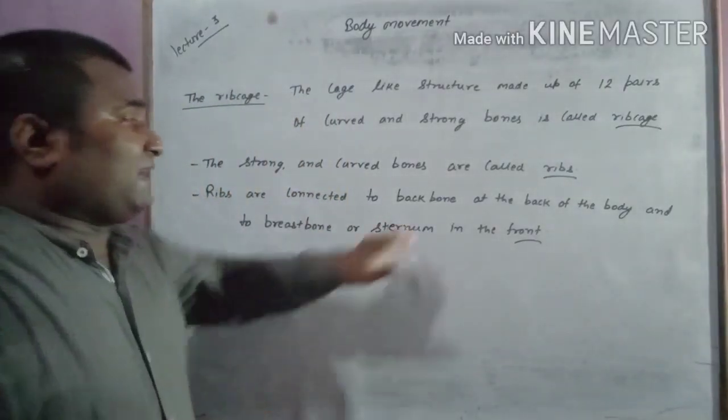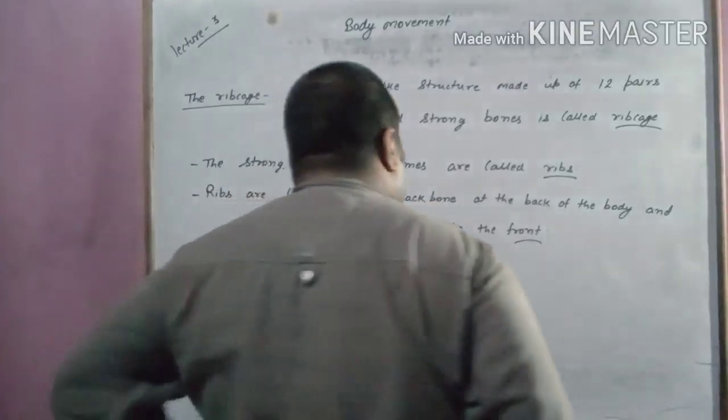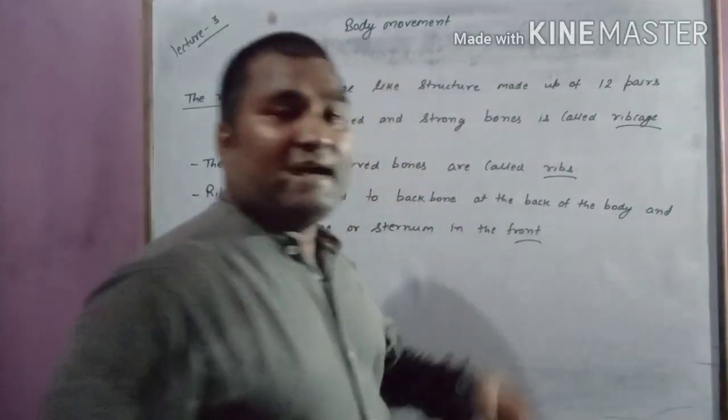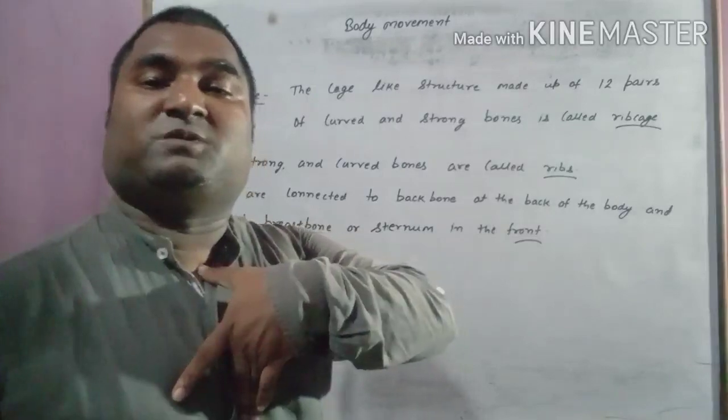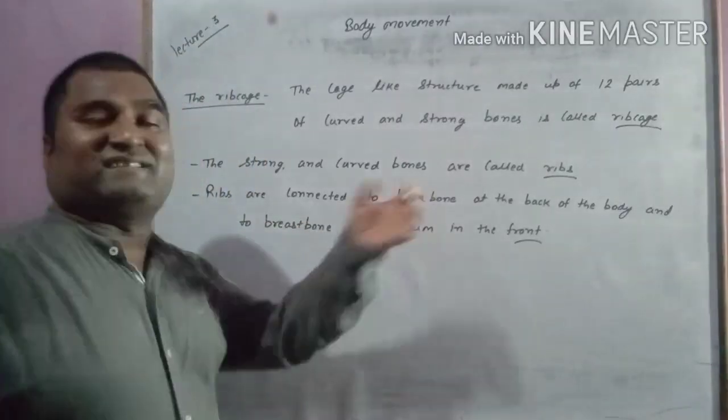These ribs are connected to the backbone at the back of the body, and in front they are connected to the breastbone or sternum.